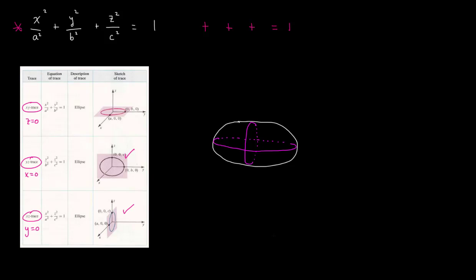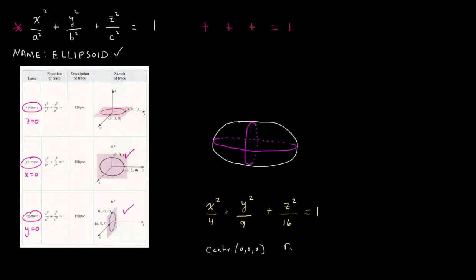It's called an ellipsoid. And if we go back to the original example, this would be an ellipsoid. Now this ellipsoid would have the center 0, 0, 0, and it would have different radii. The x radius would be 2, the y radius would be 3, and the z radius would be 4.